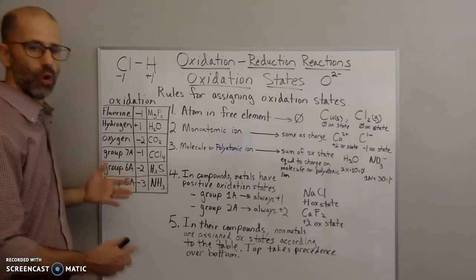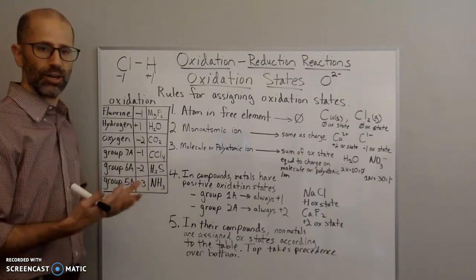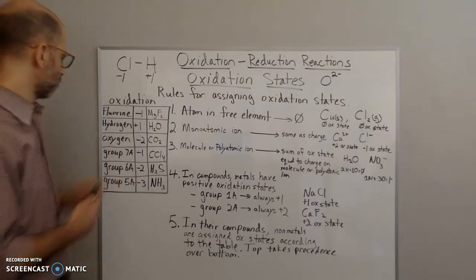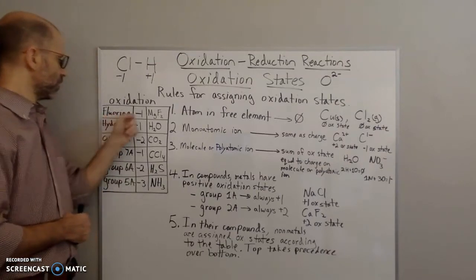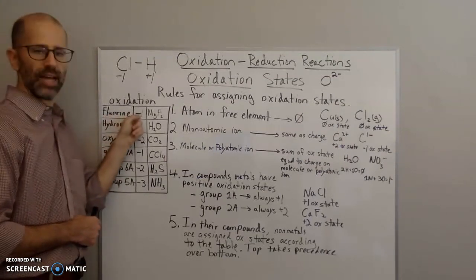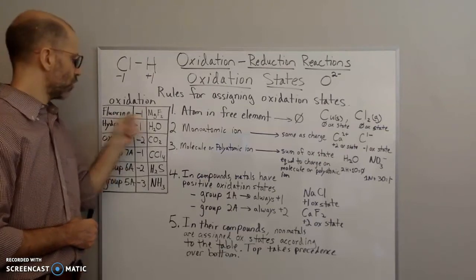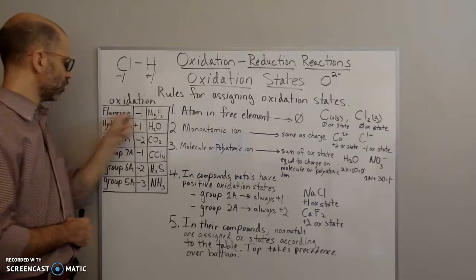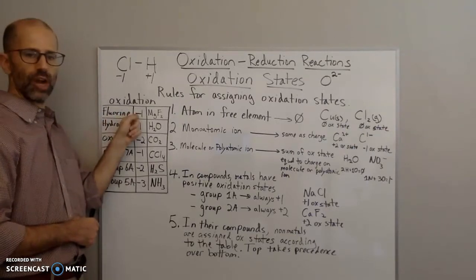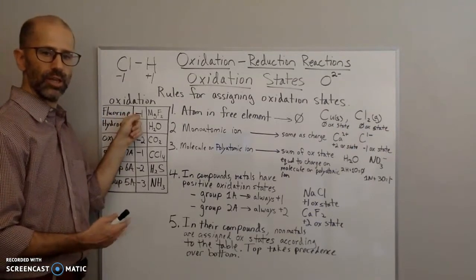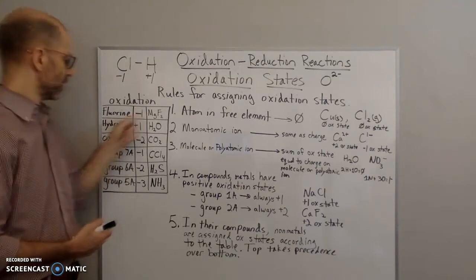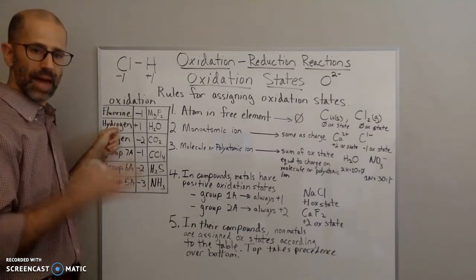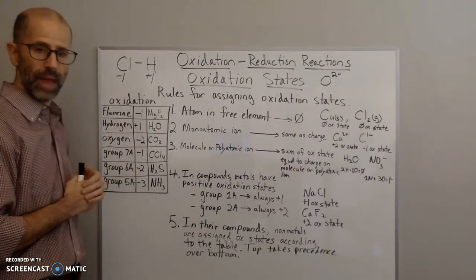And then whatever's left over is going to get whatever oxidation state they need, right? So for example, fluorine, if it's in a compound, is going to have a -1 charge. So if you have fluorine and hydrogen in your molecule, then you're going to assign a -1 charge to fluorine first for its oxidation state. And then hydrogen will get whatever's left over depending on how the math works.